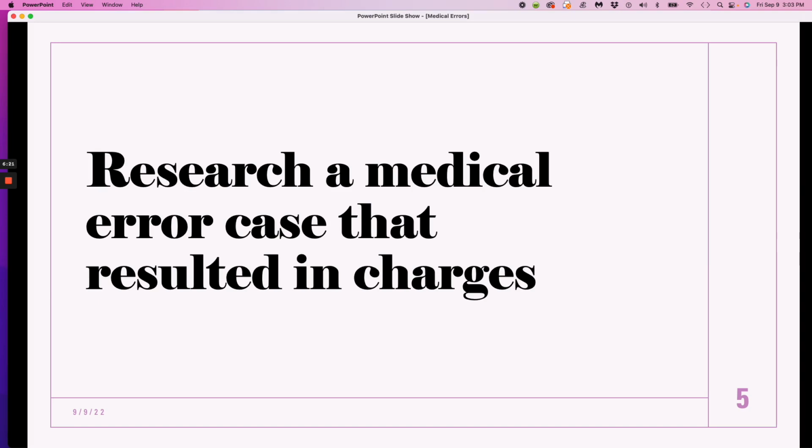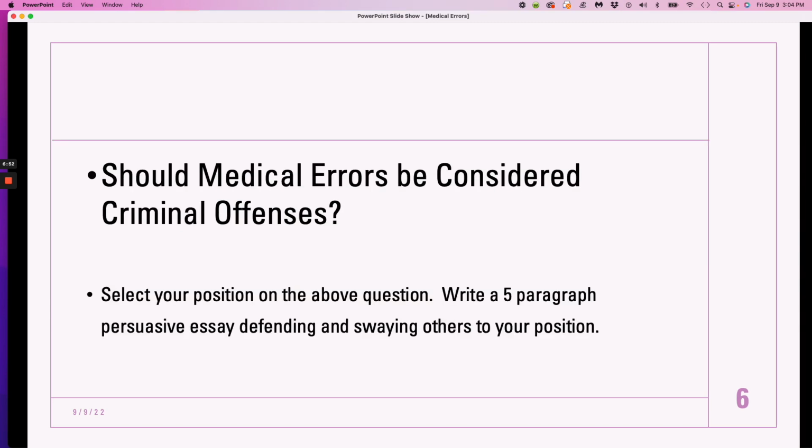That was a lot of the focus, but there's also been a change in the climate on this, so I'm going to ask you to research a medical error case that resulted in legal charges. In that case, if charges are brought, we've gone from a system issue to more of an individual issue.